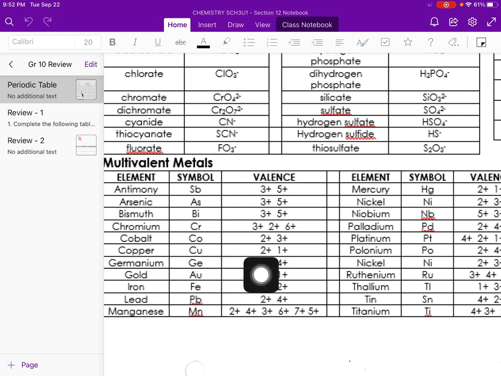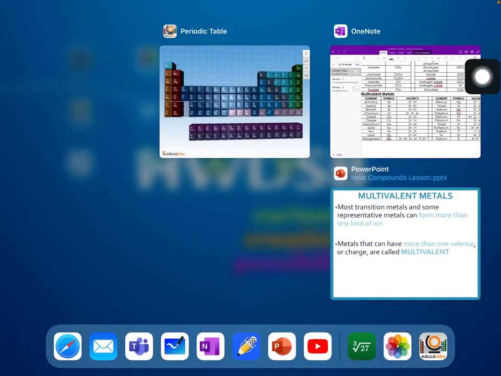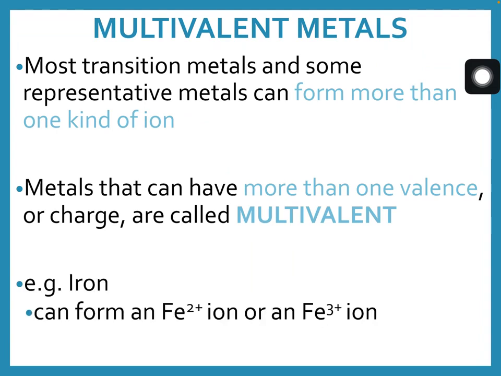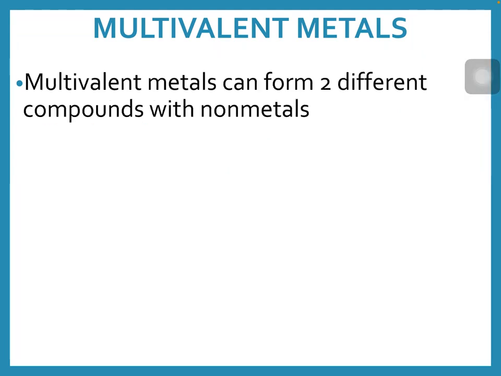Copper can have 2 electrons or 1 in the valence shell, and so when it loses them, it can become a copper 2+ ion or a copper 1+ ion. So iron, we just looked at that, can make an iron 2 or iron 3 ion.